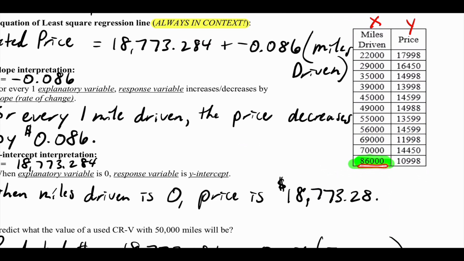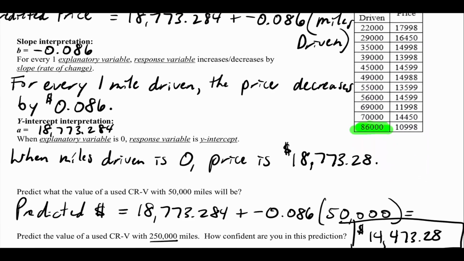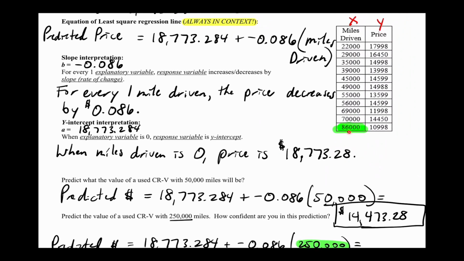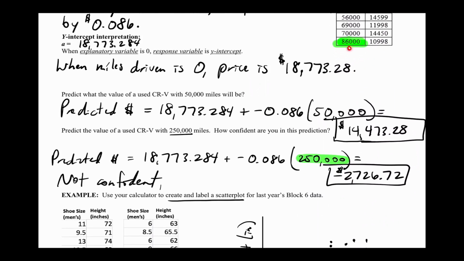The highest number is 86,000. 86,000 compared to 250,000. If I had that number on my list, it would be somewhere down here. So that's what we call extrapolation. It's called extrapolation.